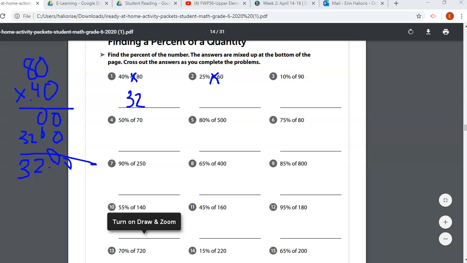Okay, let's go on to do number 9. 85% of 800. 5 times 0 is 0, 5 times 0 is 0, 5 times 8 is 40, 8 times 0 is 0, 8 times 0 is 0, 8 times 8 is 64, add it up.